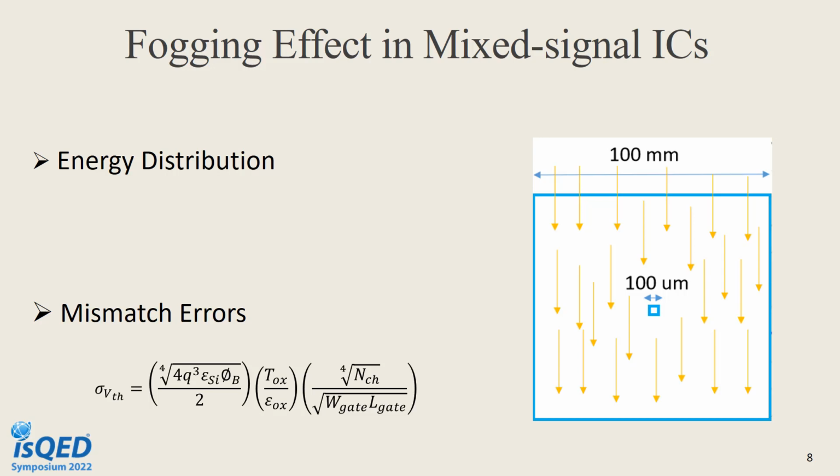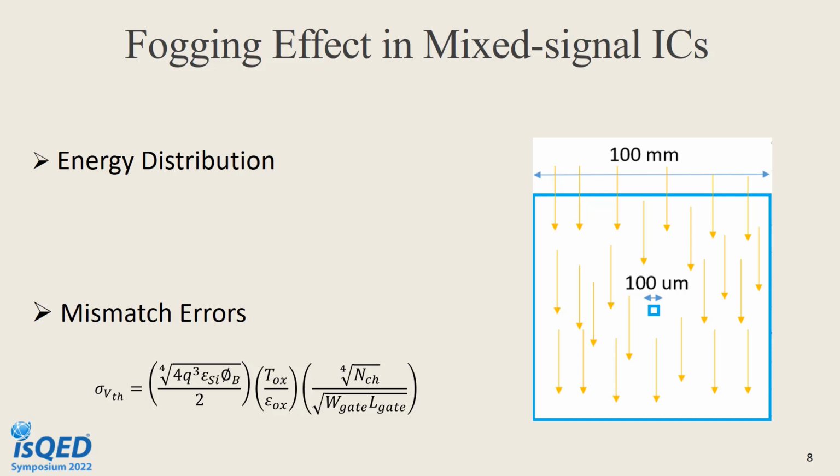But when we consider it as a part in the mixed signal, we have a digital part where there are a lot of modules and transistors as a source of the fogging effect that lead to a considerable amount of the fogging effect on specific transistors in the analog part.